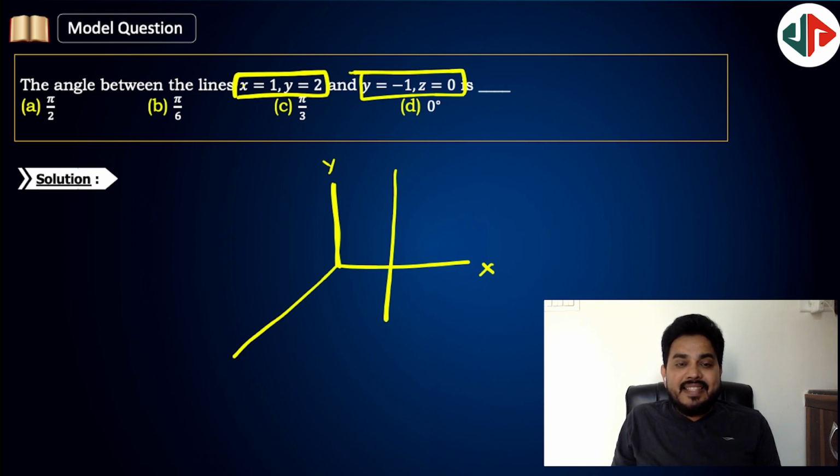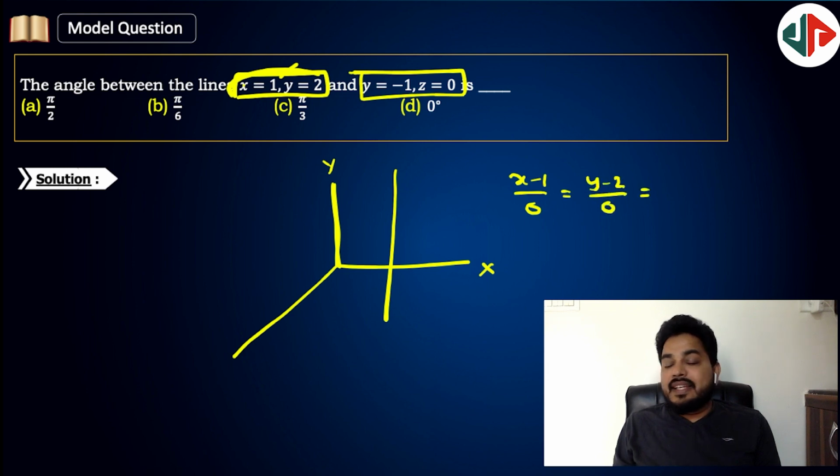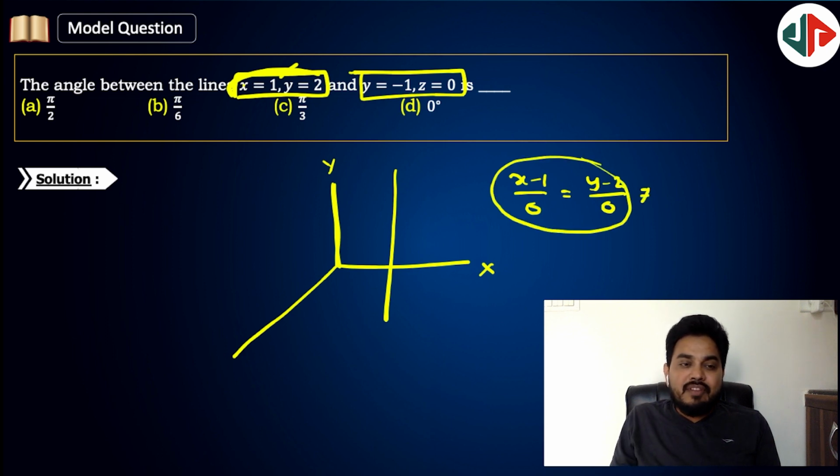So the intersection is the line, going to be like this: x minus 1 by 0 is equal to y minus 2 by 0 is equal to something. Z can be anything. So any point on this one will be like 1 comma 2 comma z, where z is some constant.